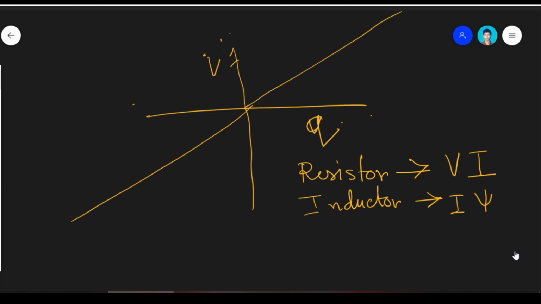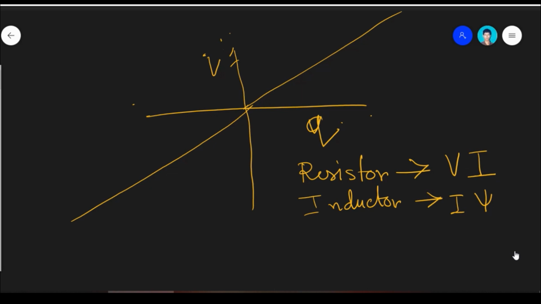Because for the capacitor we consider charge as the independent variable and the voltage drop across the capacitor as the dependent variable.